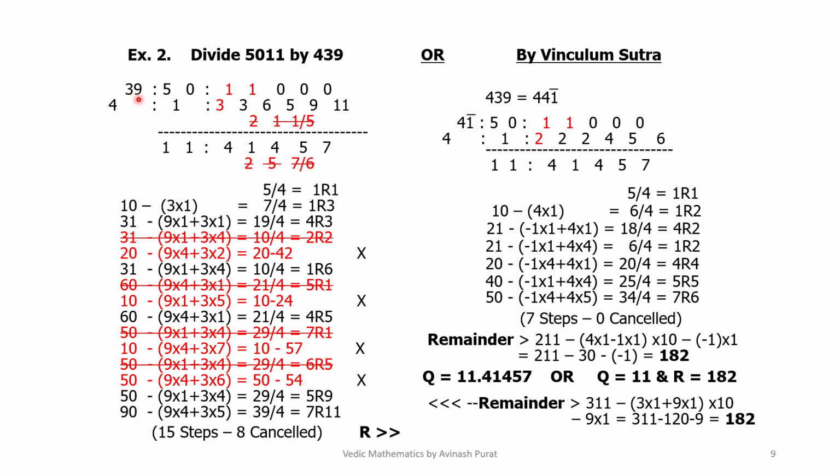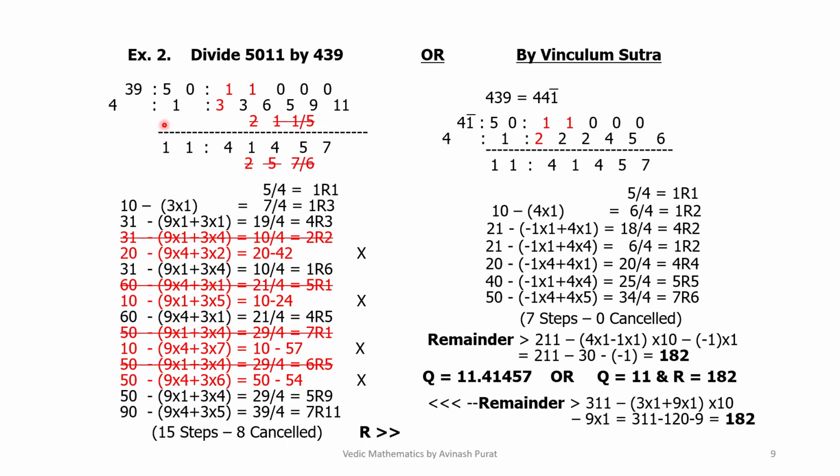This has 2 digits, so 2 digits from 5011, last 2 digits 1 and 1 are taken beyond decimal point. Now division 5 divided by 4 is 1 quotient and remainder as 1.